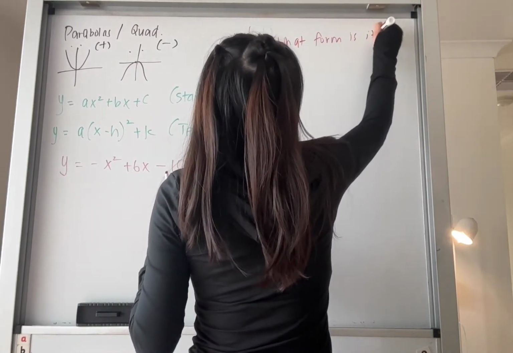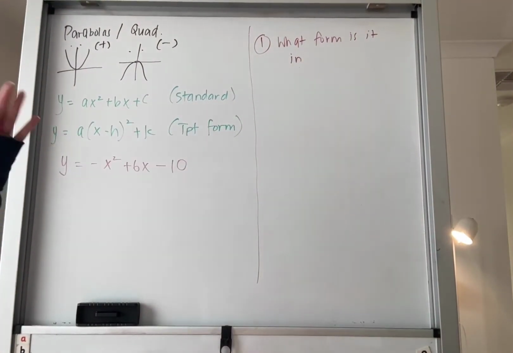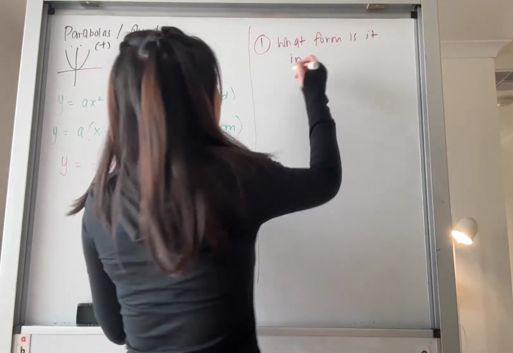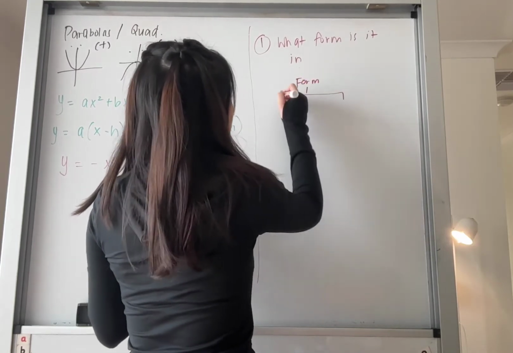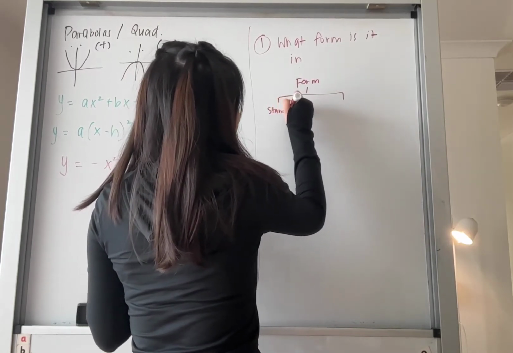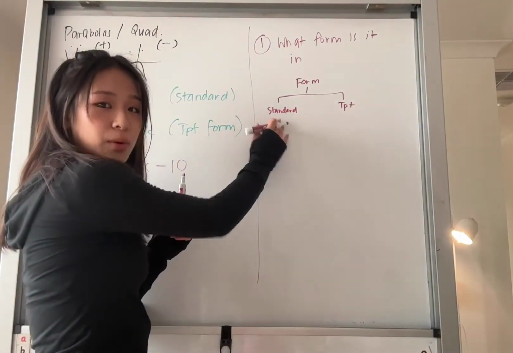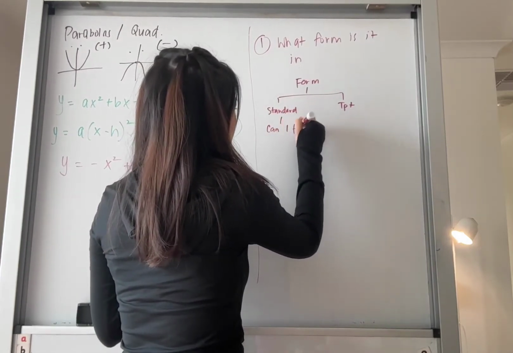Obviously this one is standard form. But after you identify what form it is, refer to this diagram. So your first question is your form. There's two forms, standard or turning point form. If you're in standard form, ask yourself, can I factorize?